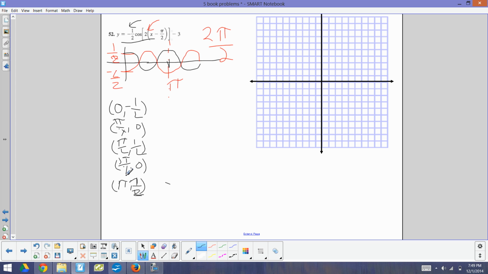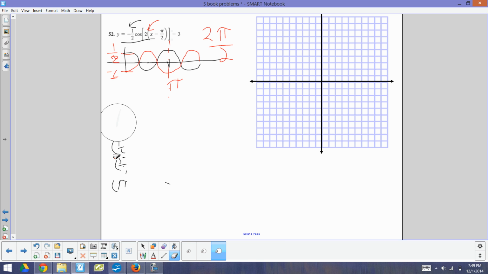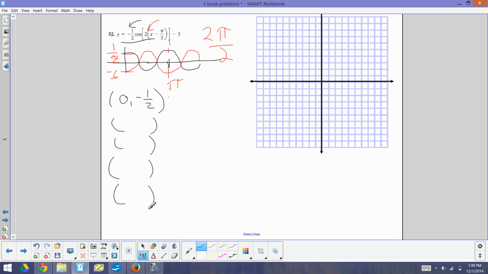Now, I'm going to write these points a little bigger. It's really hard to read these points because I'm trying to write them small and fit them in. So let me erase it and rewrite them again. My points are 0, -1/2, and pi, -1/2.